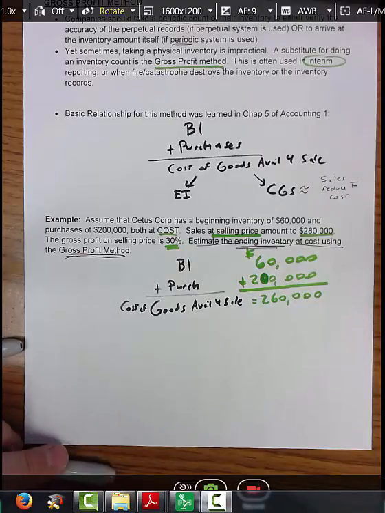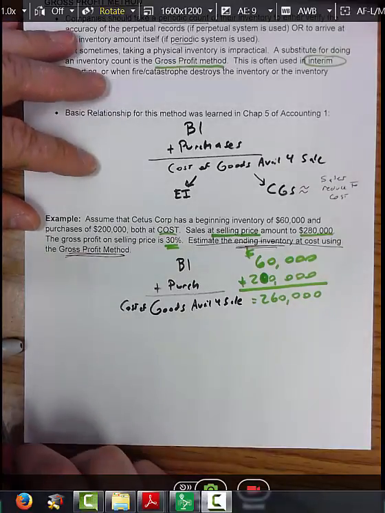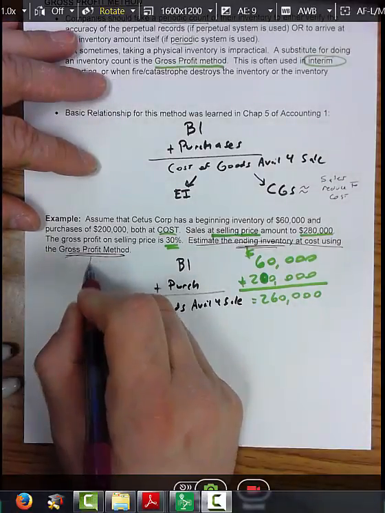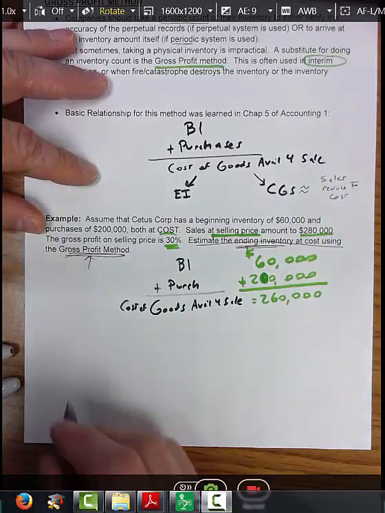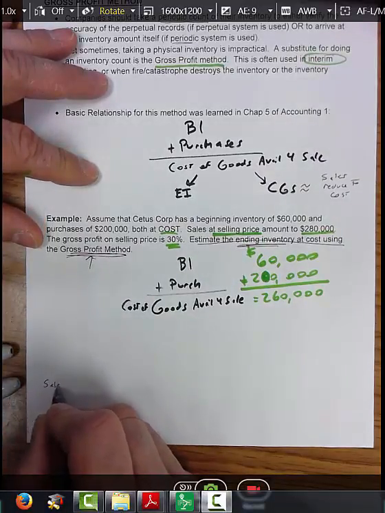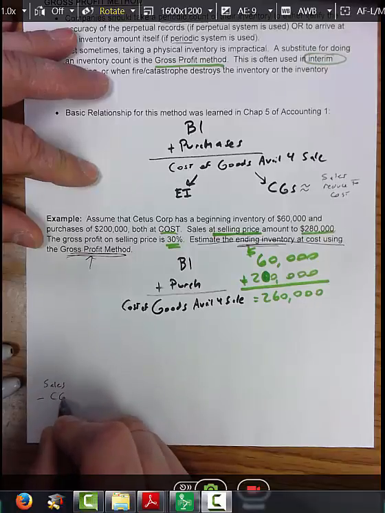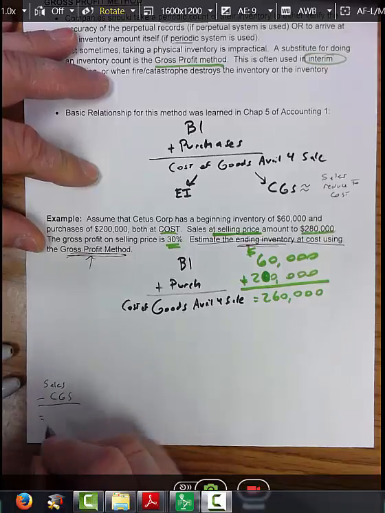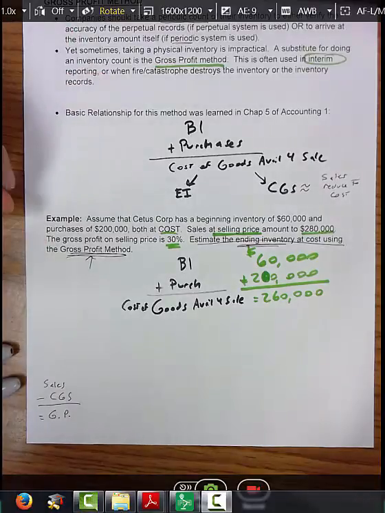Now let's see what we do next. We have to analyze a new relationship and remind ourselves what the gross profit really is. Sales minus cost of goods sold equals gross profit, or sometimes we call it gross margin.